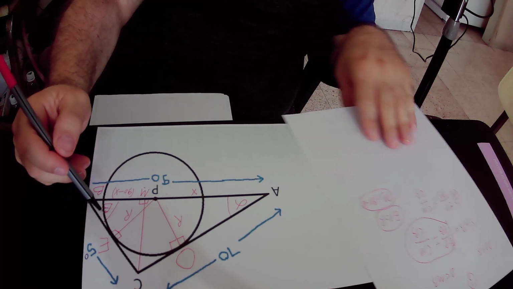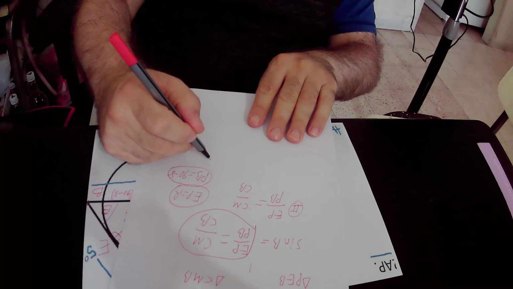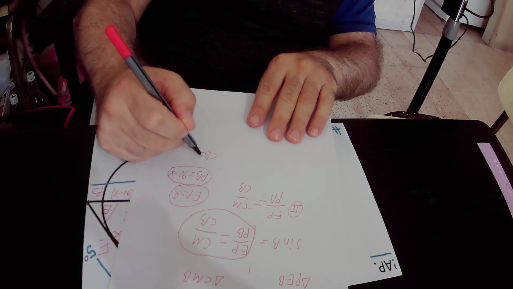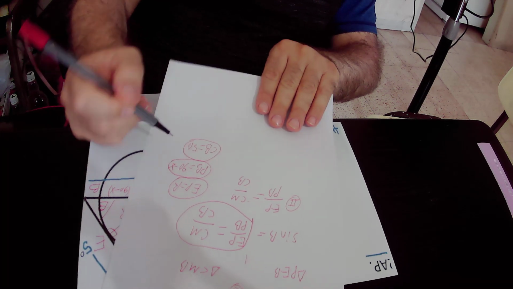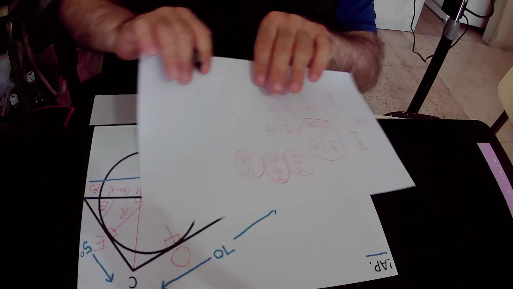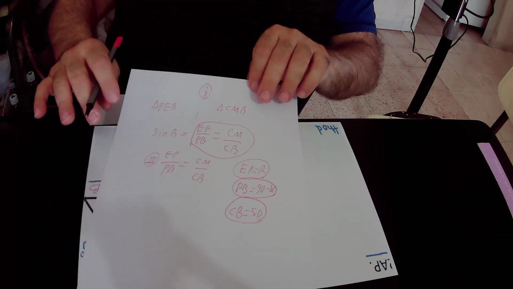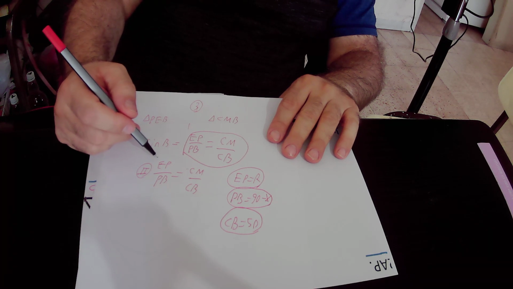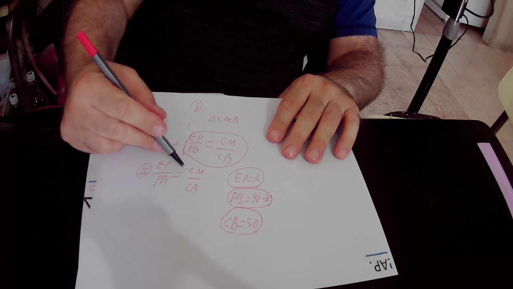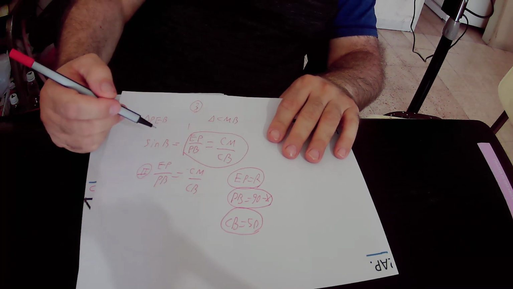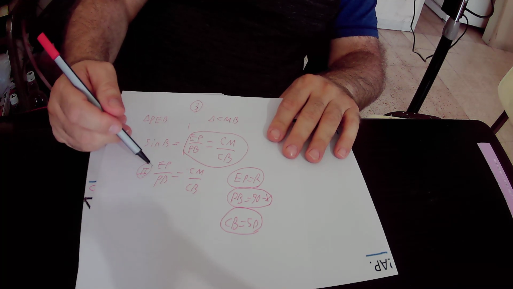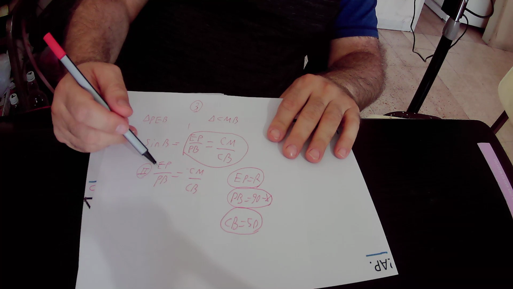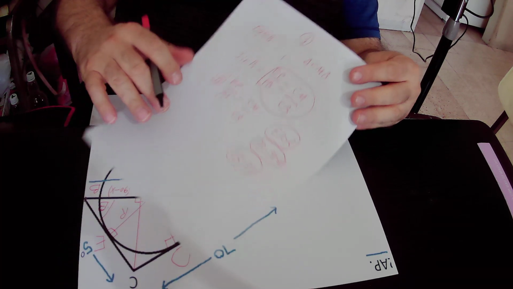CB equals 50 units. So I write here that CB equals 50 units. Okay, so we know the values of EP, PB, and CB. So we can put the values in equation 1. Okay, so we'll do it now.